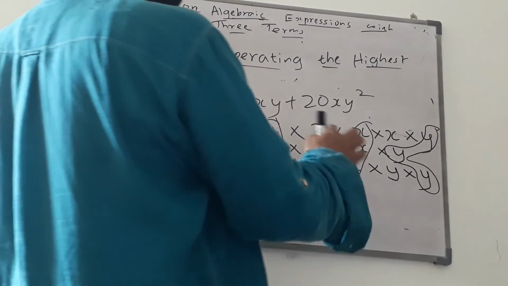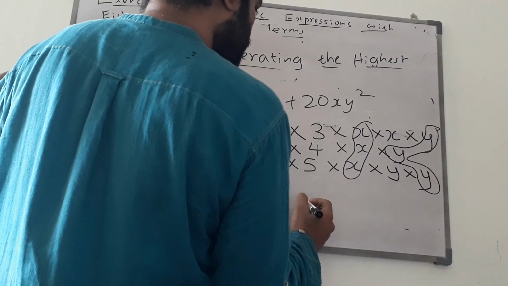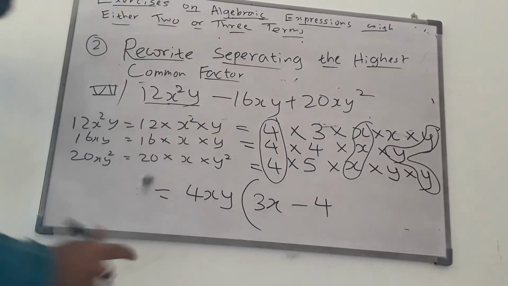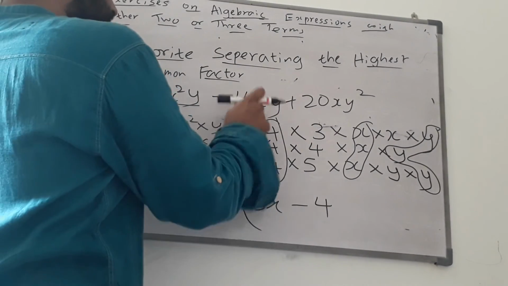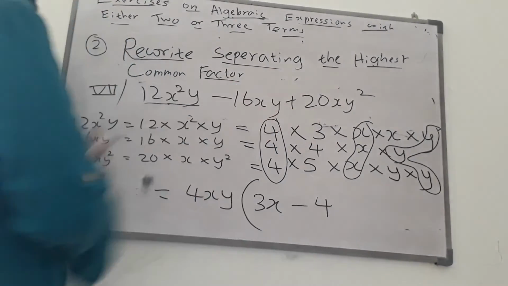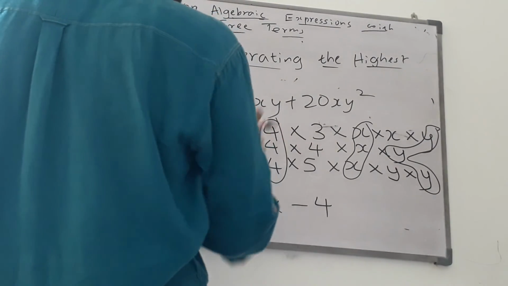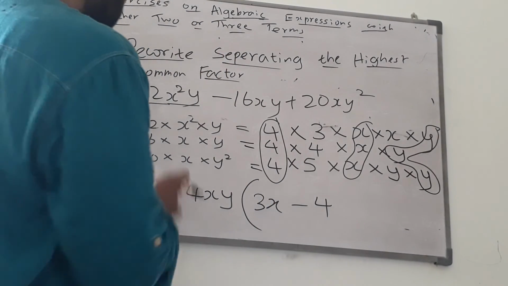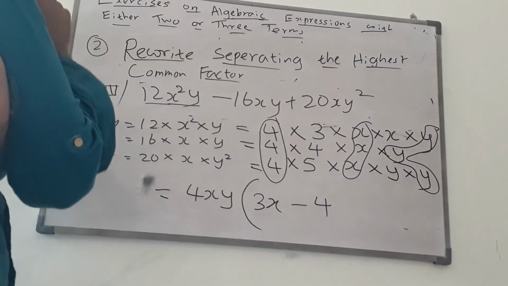Same as if we take 4xy out of the second term, we have minus 4 here. 4 times 4 is 16, times x is 16x, times y is 16xy. Then the last term, 20xy squared. This can be expanded like this.